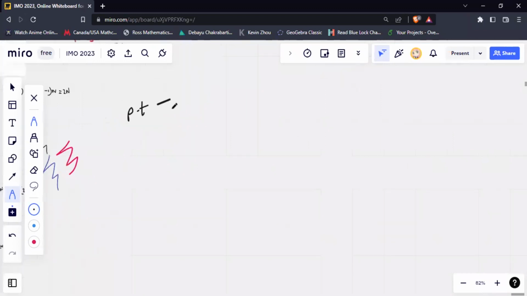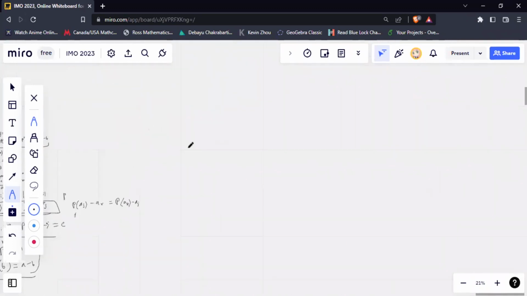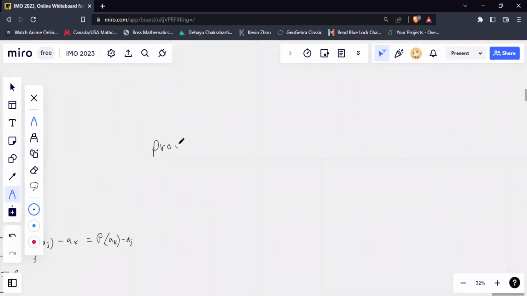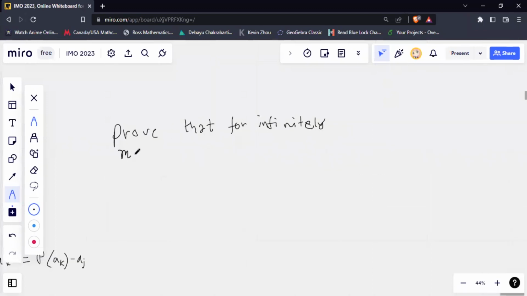Okay, prove that for a polynomial P, for infinitely many n, the mod of P of n is composite.